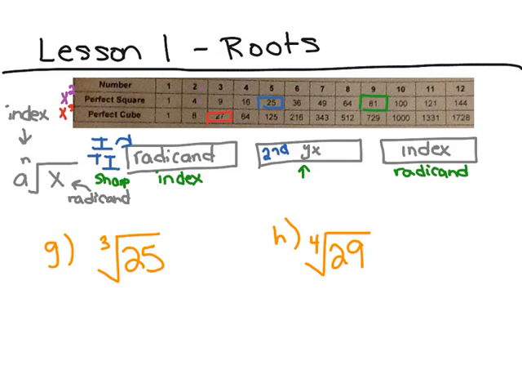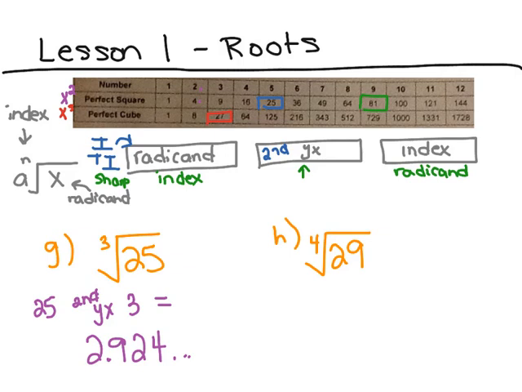So for the next one, we're going to type this into your calculator. 25, second function, y to the x, 3, equals, and you should get 2.924 rounded.